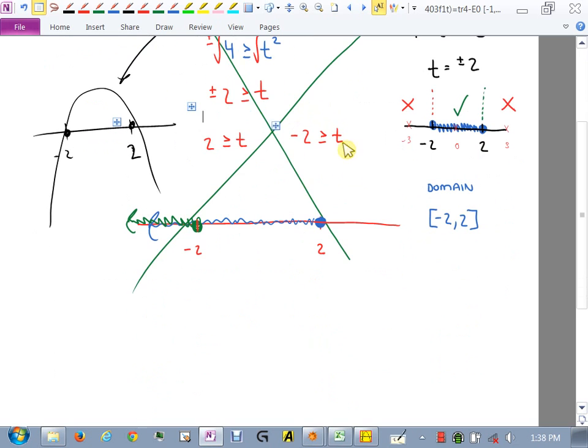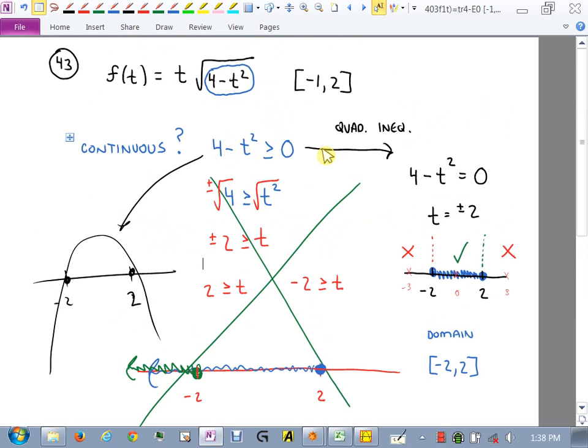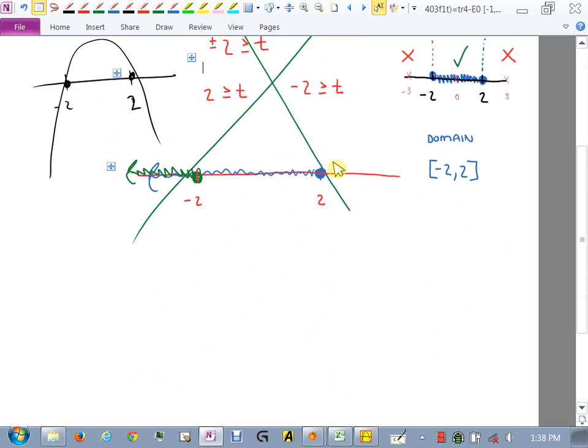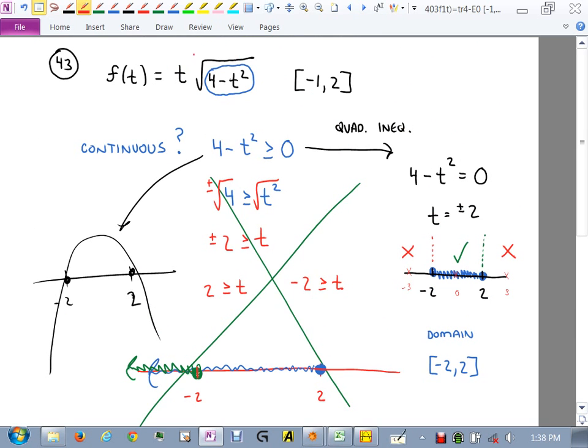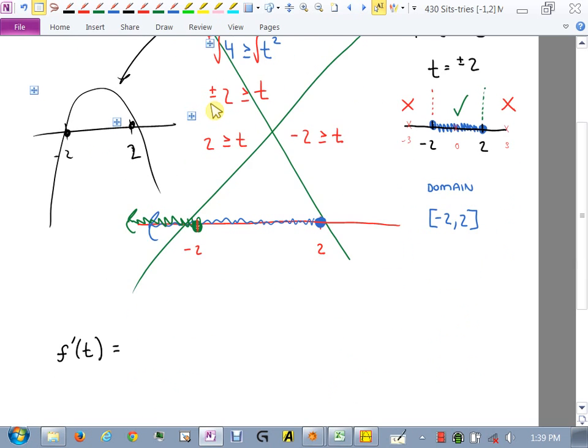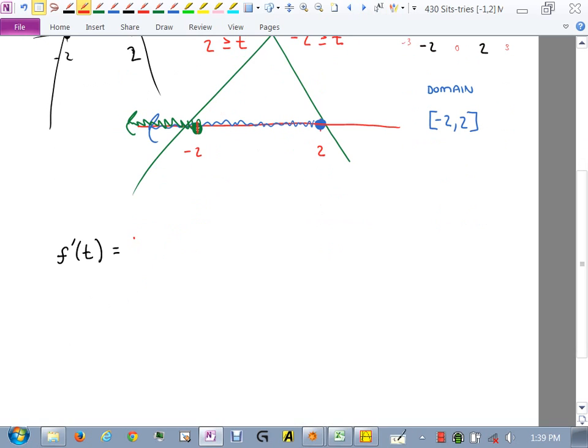So the interval that we have appears within the domain. So yes, we have a continuous function on a closed interval. We're ready to go. So ready for derivative? F prime of t. I think I'll use product rule because I see a product right there. Derivative of the first one is 1 times the square root of 4 minus t squared plus chain rule.